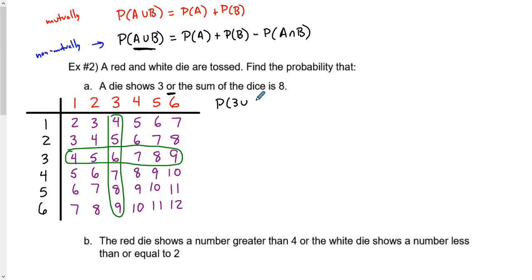So 3 union with, I'll just go shorthand with 8: probability of 3 plus probability of the 8s, subtracting probability of 3 and 8.